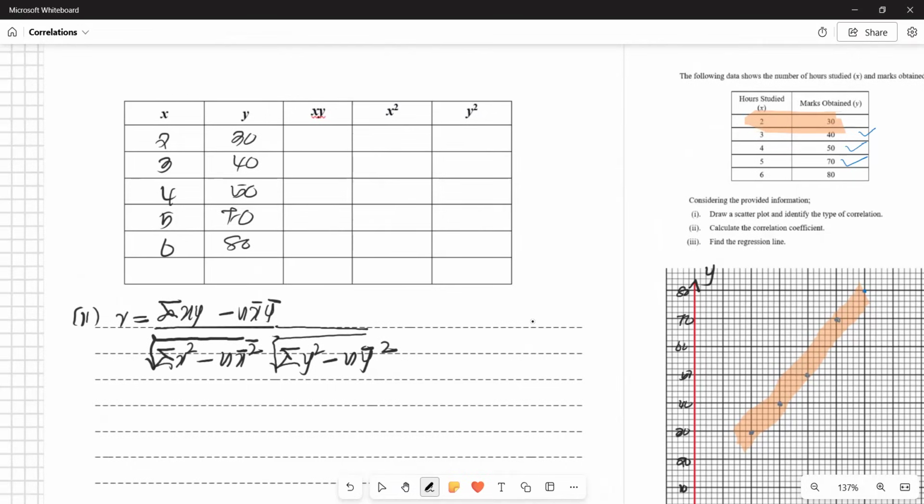We need sigma xy, sigma x squared, sigma y squared. Therefore, we need to form this. You can use your calculator.